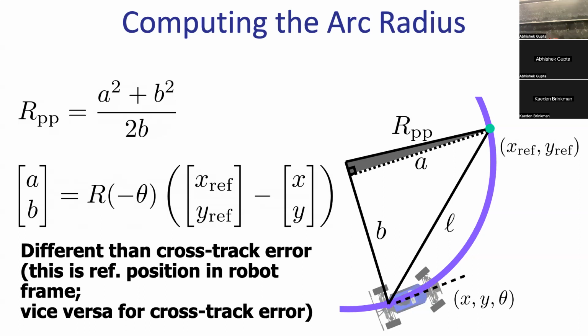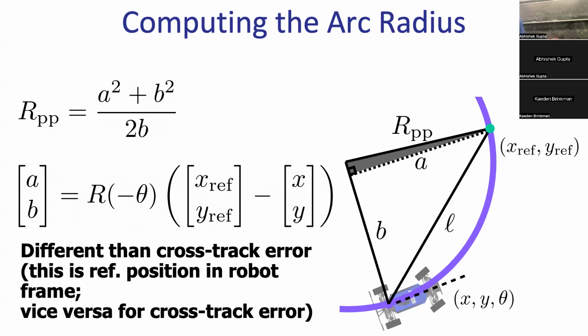You take the difference between x ref, y ref and x, y, so it's like taking this vector and rotating it into a different frame of reference. Then that becomes A and B. The rotation is saying take x ref and x, and y ref and y, and project them, and that's going to give you A and B.